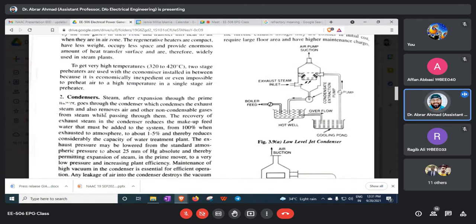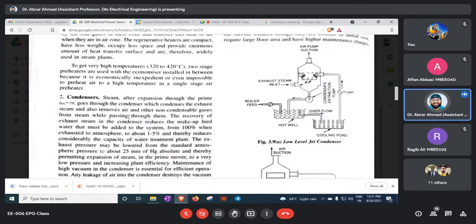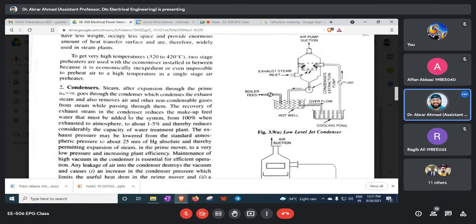So condenser, if you can see what is written here: steam after expansion through the prime mover goes through the condenser, which condenses the exhaust steam and also removes air and other non-condensable gases from steam while passing through them. So two objectives: one is to convert the steam into water, and second is to remove air and other non-condensable gases, CO2, nitrogen monoxide, carbon monoxide.